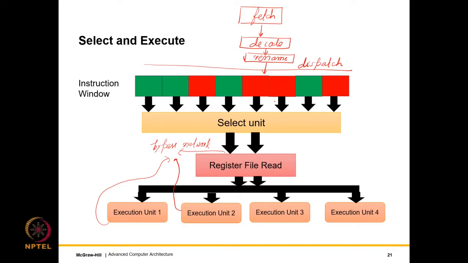So we just choose 2 of them. Well, how do we choose? We will discuss that in detail when we discuss the select unit. And how do we know who's ready and how is this information propagated? Even that will also be discussed, but this is just the high level view. So in the high level view, we choose 2 instructions, select them, read their source operand values, and execute.